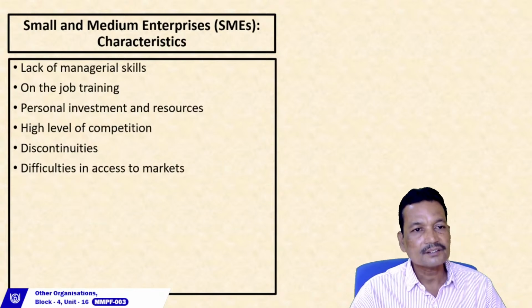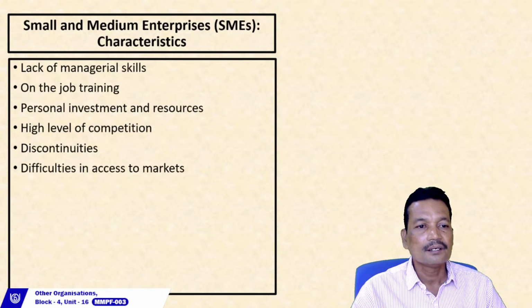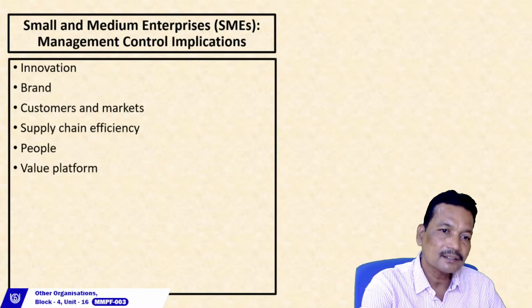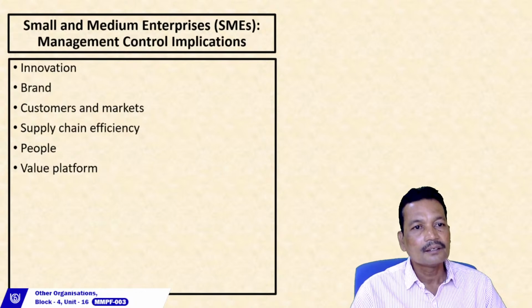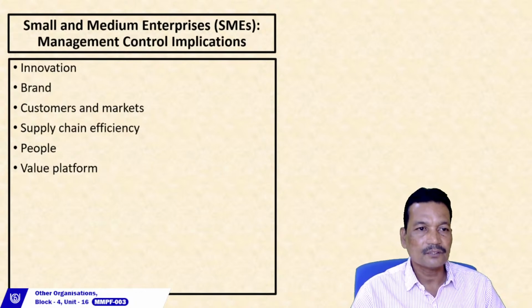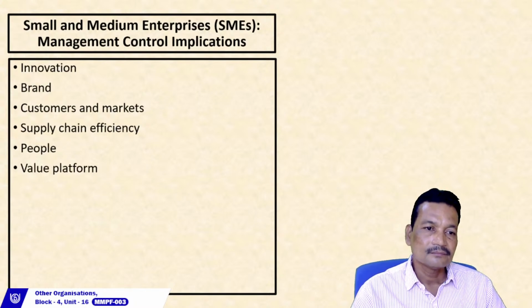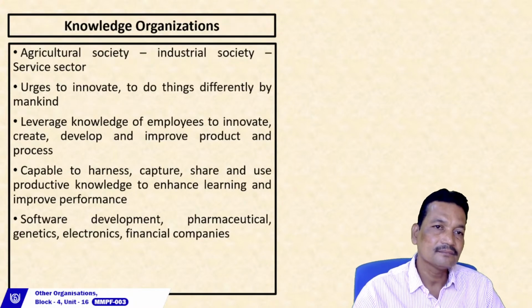Some of the characteristics are that managerial skills are not there, discontinuity may be there, and accessing the market is a problem. Here, the management control tries for innovations, brand increase, supply chain efficiency, value platform increase, etc.